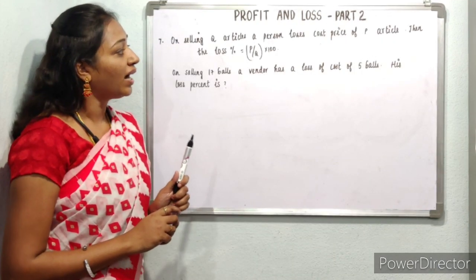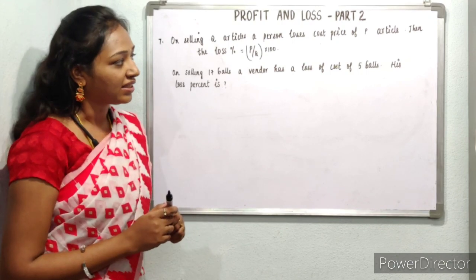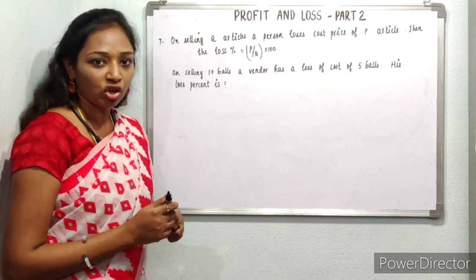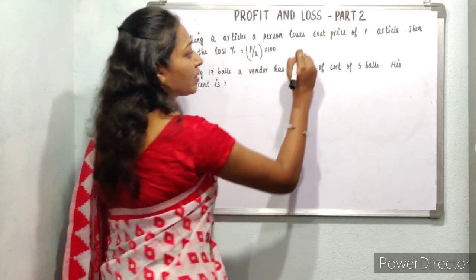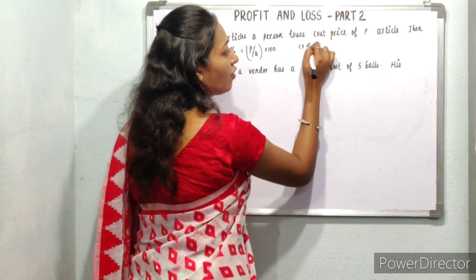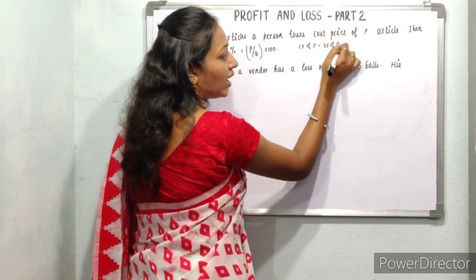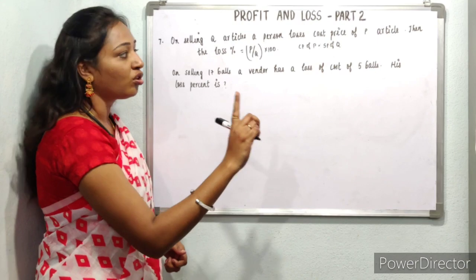On selling Q articles, a person loses the cost price of P articles. Then the loss percentage equals P divided by Q into 100. If you have seen the first video, I would have mentioned the problem: the cost price of P articles is equal to the selling price of Q articles. So many people mistake both these things. They both are not the same.